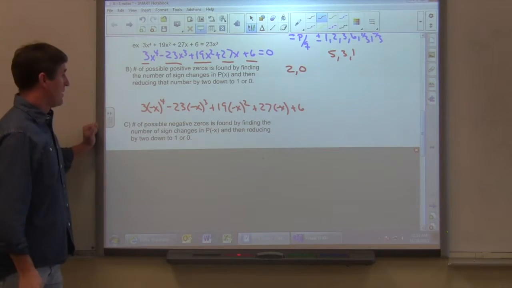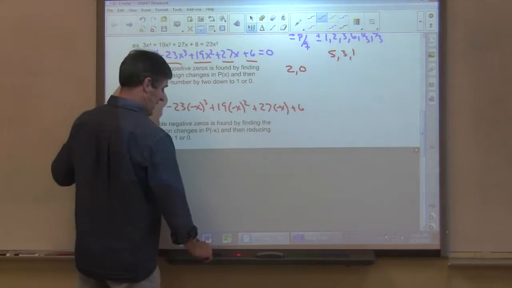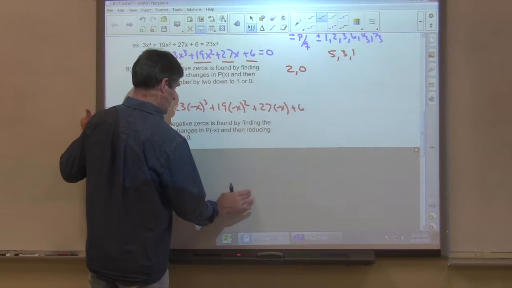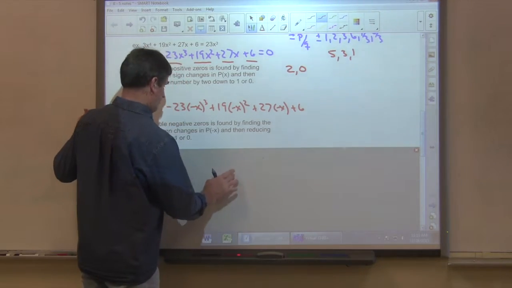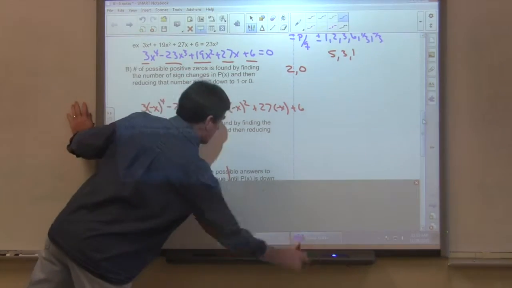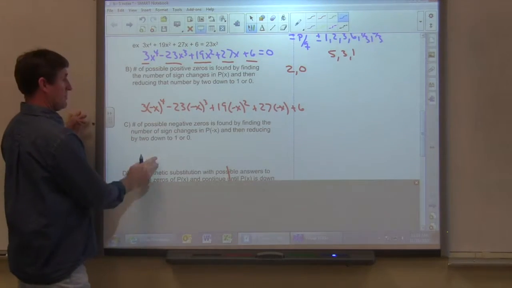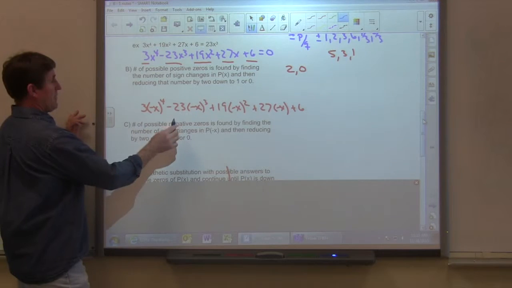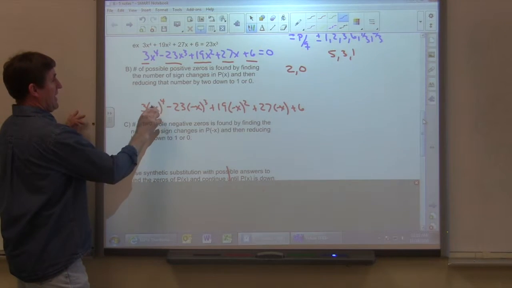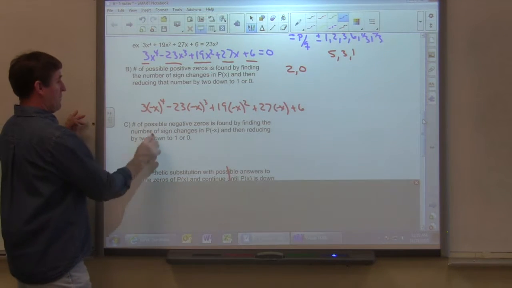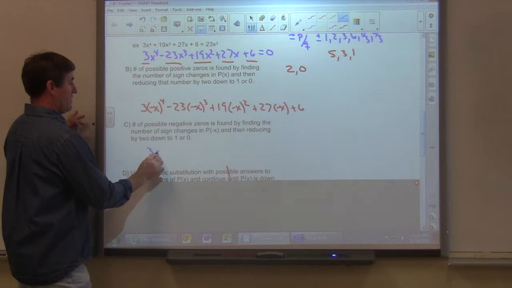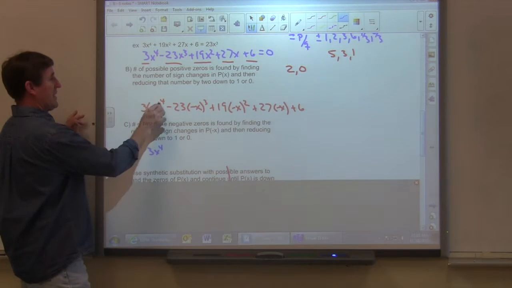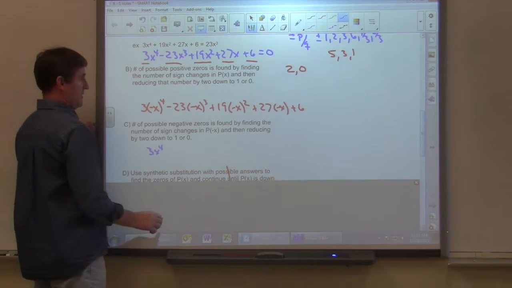Okay? Well, if I was to simplify this, negative x to the 4th would become 3x to the 4th, because an even number of negative signs is positive.